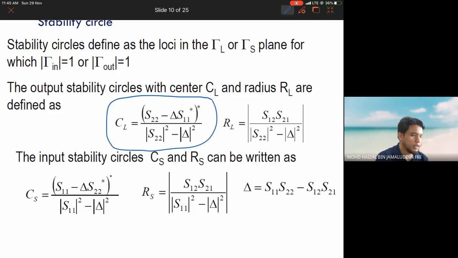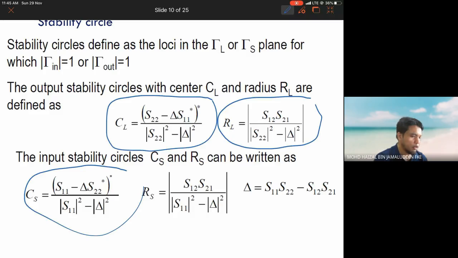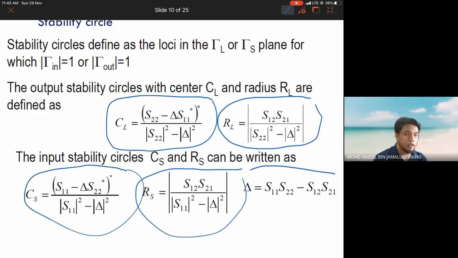For CL and RL, C means the center of the stability circle, while R is the radius of the stability circle, and so on for the input and output. Delta can be calculated from all the S parameters.